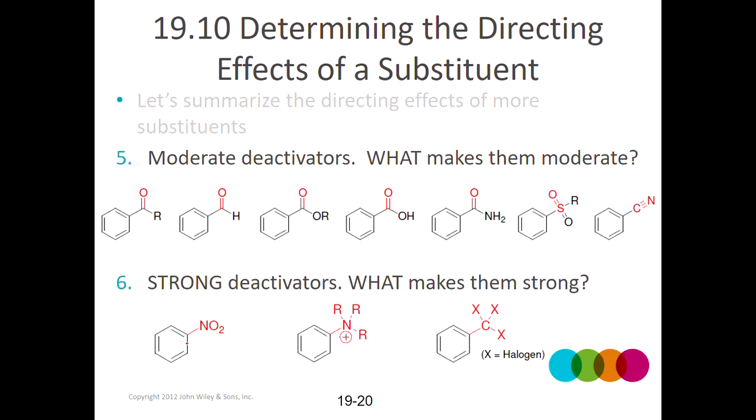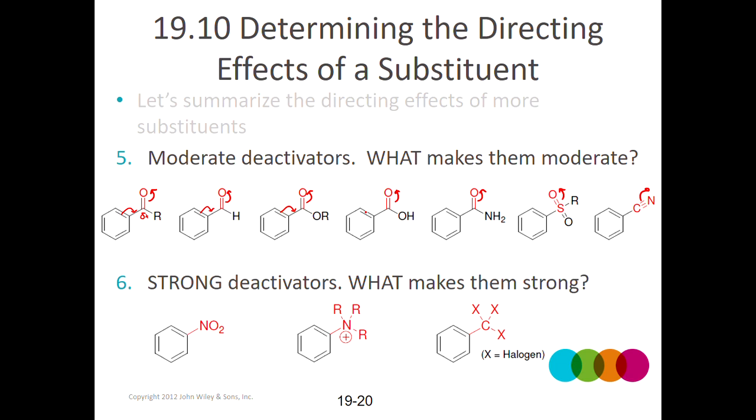The moderate deactivators all have, for the most part, C=O double bonds with a couple exceptions, but all of these have the same feature, and that is some electron density can shift away from the ring through resonance, and that creates a significant positive here that can pull electron density out of the ring.